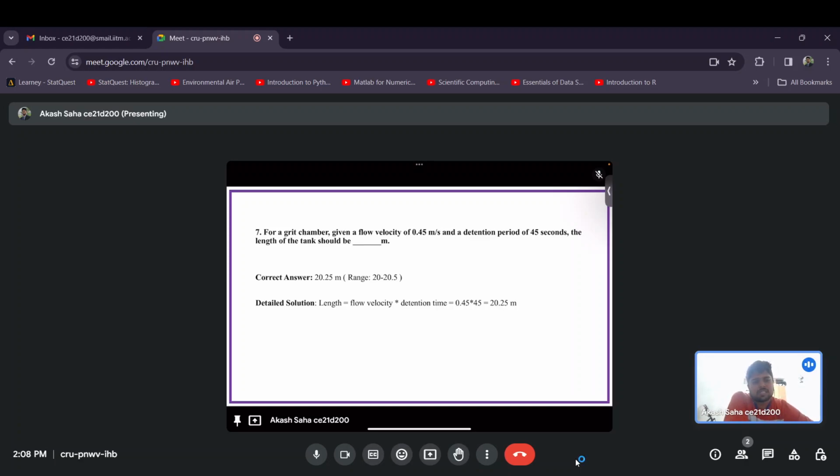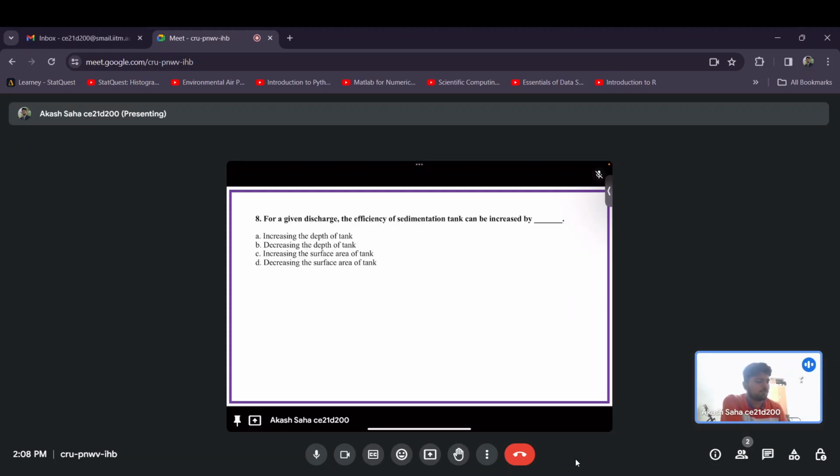Time is given in seconds and the flow velocity in meter per second, so the answer will be in meter. So it is 0.45 into 45, which is around 20.25 meters. Very direct question for the grit chamber. So you can calculate. Okay, we'll move on to the next question.